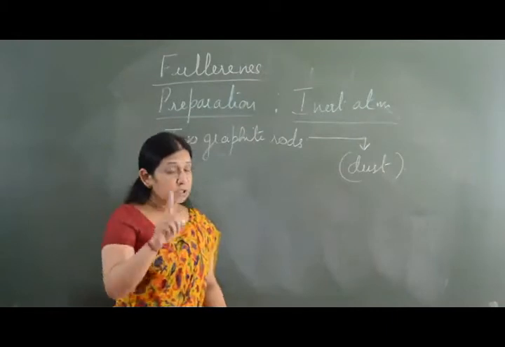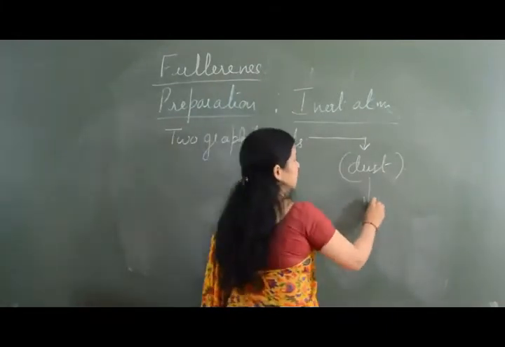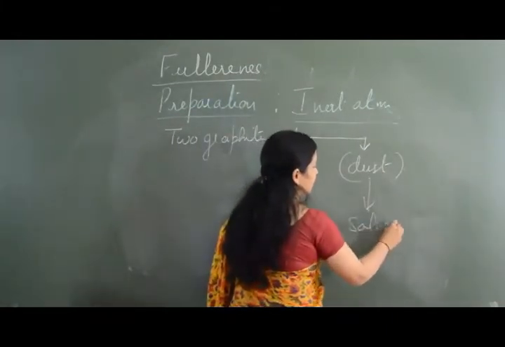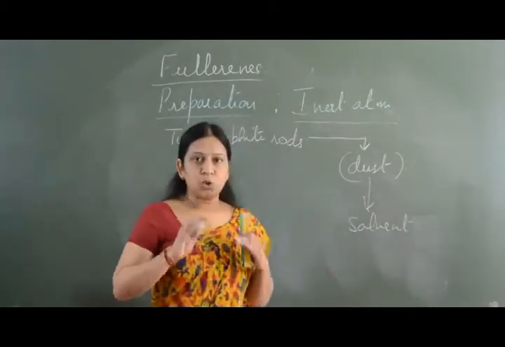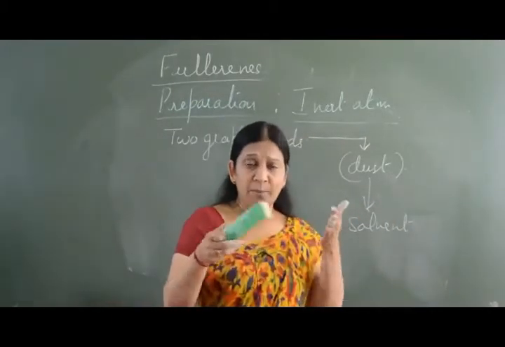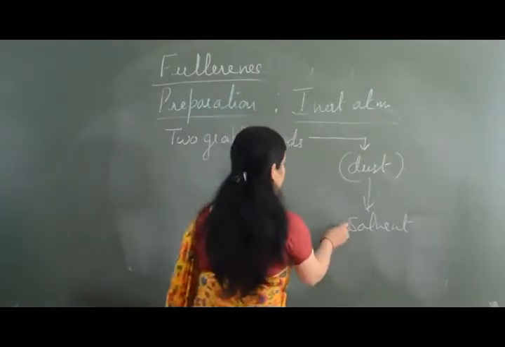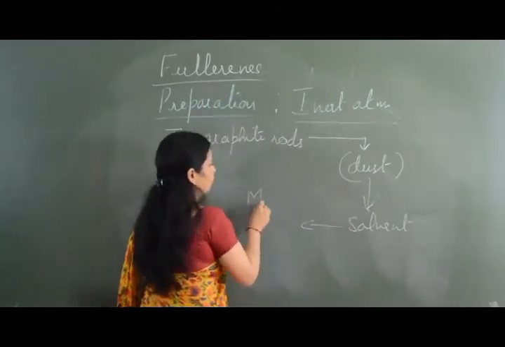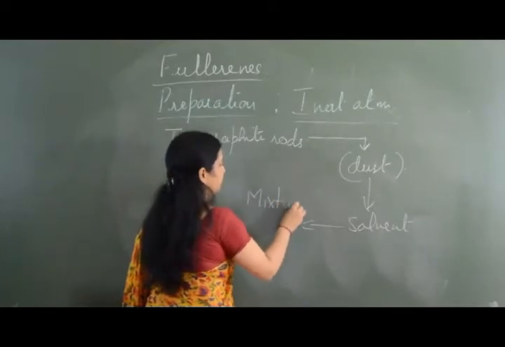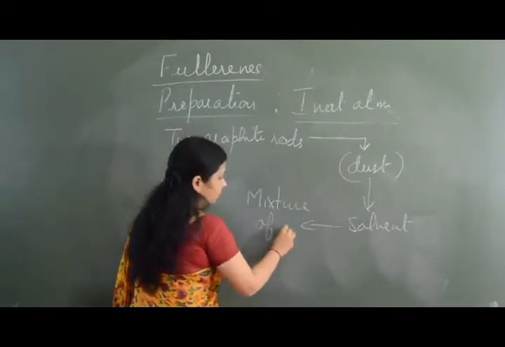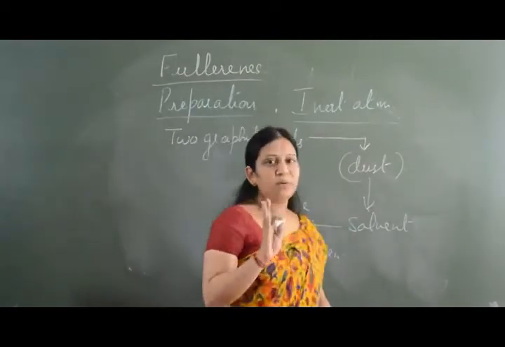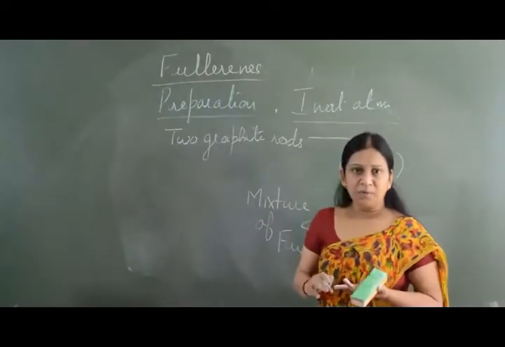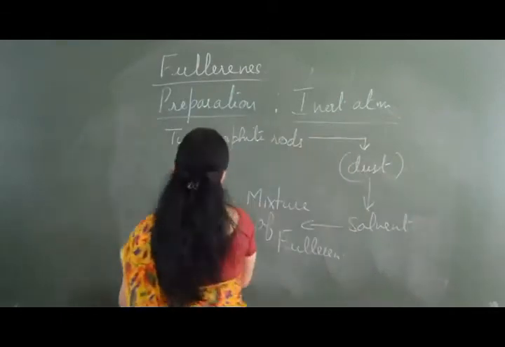After the dust is formed, it is mixed with a solvent, and after mixing with solvent, we get a mixture of fullerenes. This mixture of fullerenes can be separated either by sublimation or by chromatography.